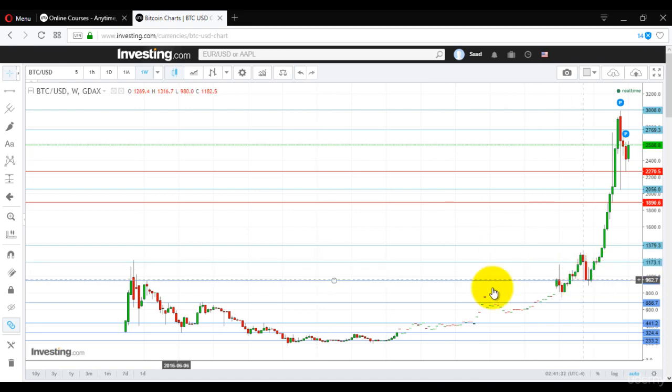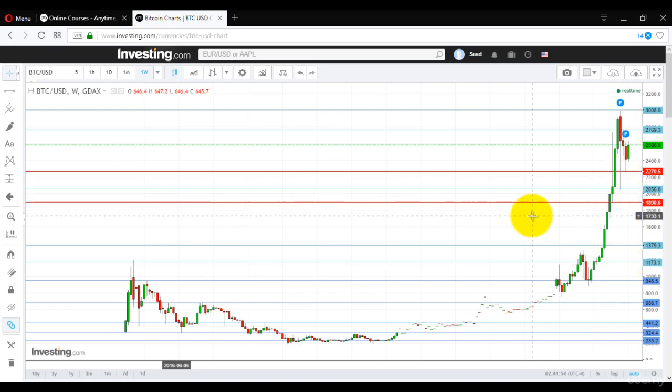Got support on this level, which was this high, and went up. Once it went up, it made newer highs of $3,000. So these trend lines are really important and you should make them too because they will help you to make good decisions, to know what your limits are.